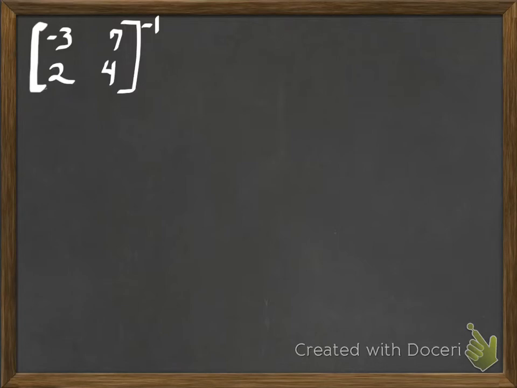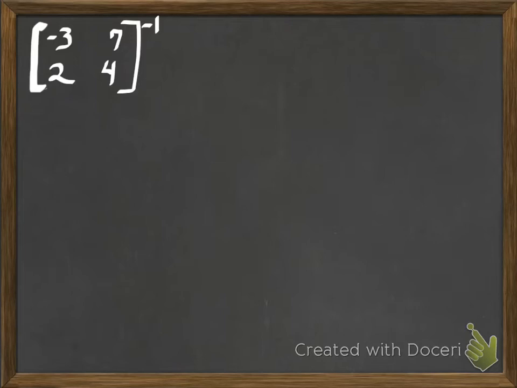There's 2 different ways I can ask you to find the inverse. One is I will write it just like what I did there, where I put in -1 as an exponent. That is the written way of saying it. So I could either ask you in directions, find the inverse of the following, or I can give you a -1 as an exponent, and they mean the same thing. Does that make sense?